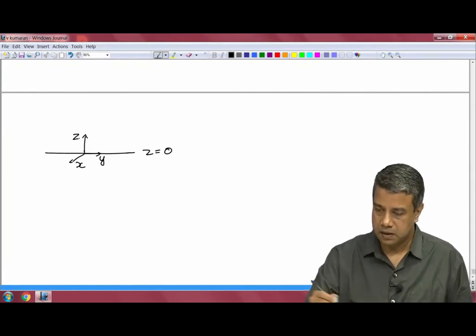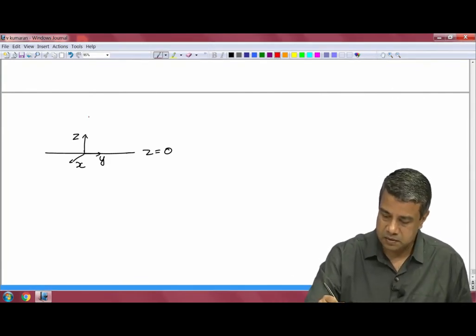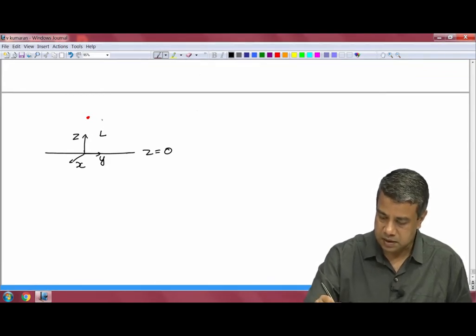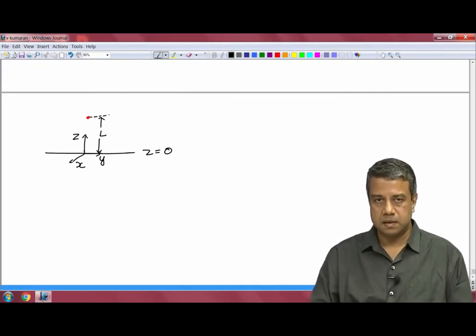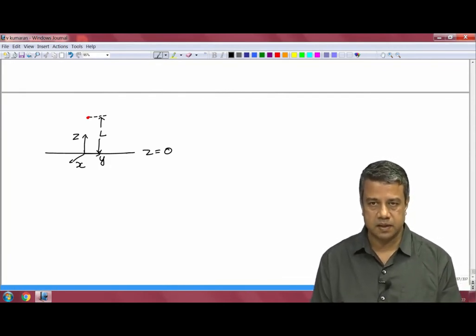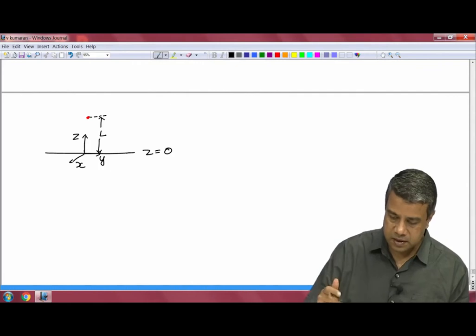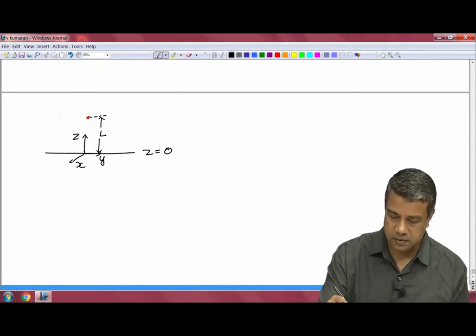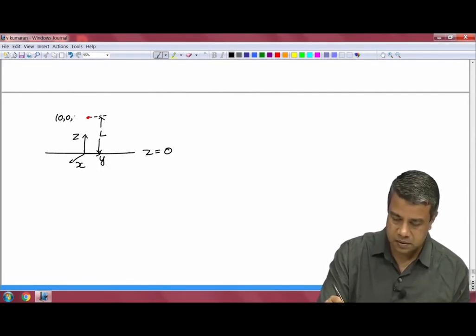And let us say that I have a point source at a distance L from the plane z is equal to 0. So, the location of this is going to be 0, 0, L.